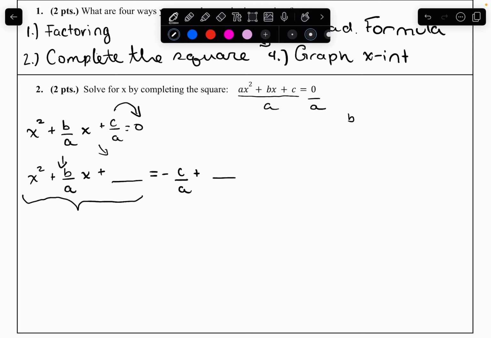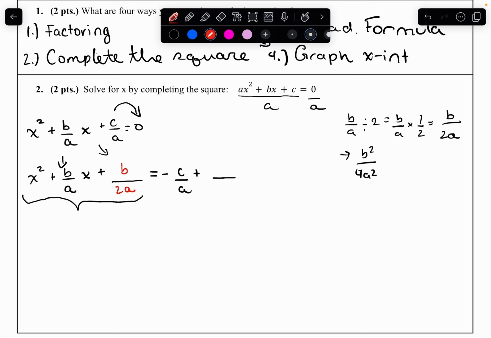So b over a divided by 2 is the same thing as b over a times 1/2, which is b over 2a. Then we have to square it. So that would be b squared over 4a squared. So that would be the number that goes here.